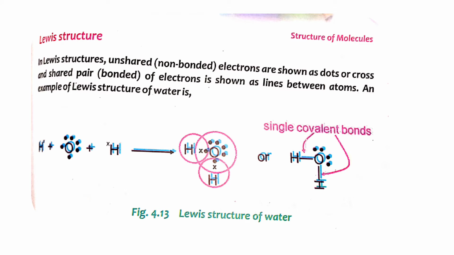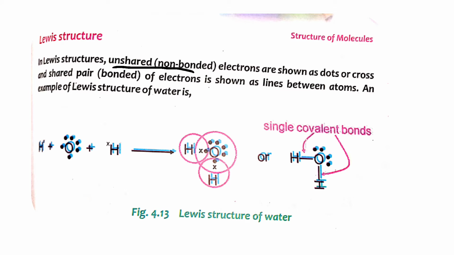An example of a Lewis structure of water is, look here. I am showing you how to draw a Lewis structure. In the Lewis structure, the unshared electrons are those electrons which are not shared, the non-bonded electrons, which do not take part in bond formation.